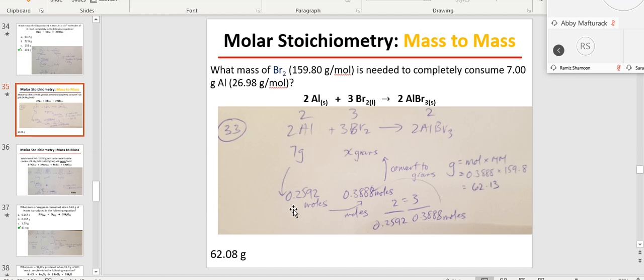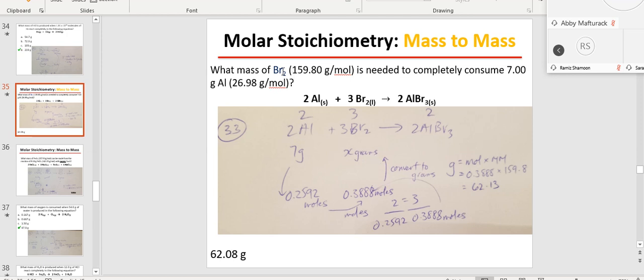Which is 0.2592 moles. Then you do a box: 0.259, 2, 3, and that gives you 0.3888 moles. The answer is looking for grams, so now you have to do that second conversion.